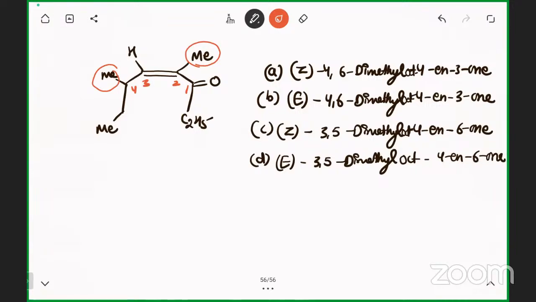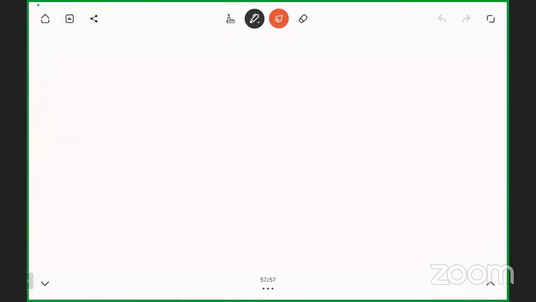So they are Z isomer. This was correct. Same priority on the same side. But what about the name? See Z, either there's a possibility it can be A, it can be C. But what is the name? You need to revise, guys. First option is correct. Yes, you need to revise.